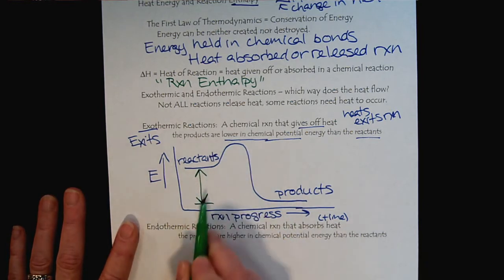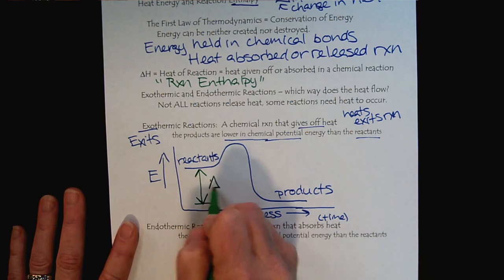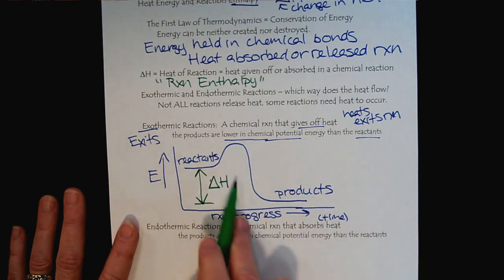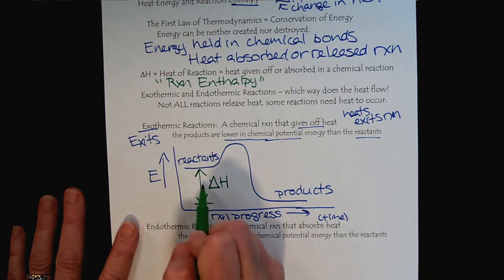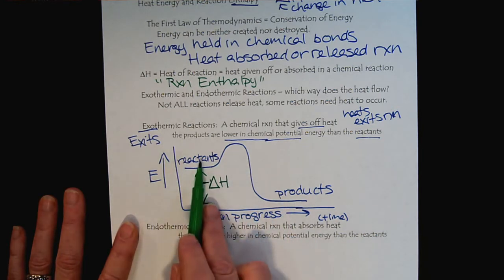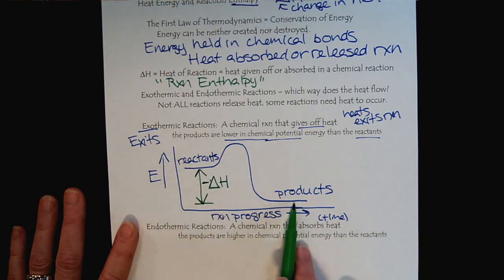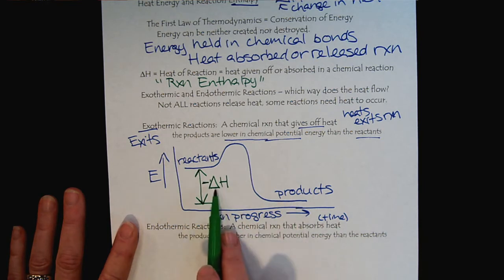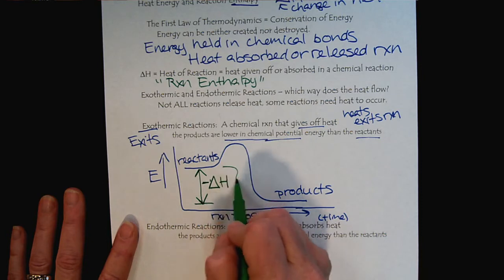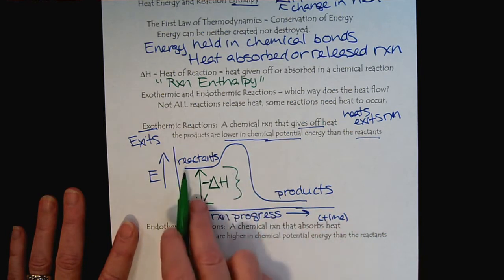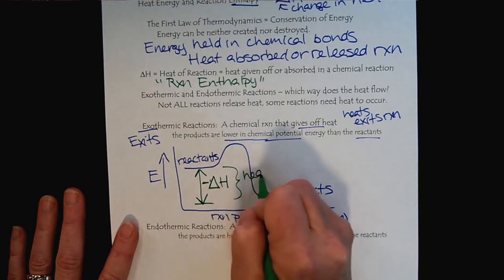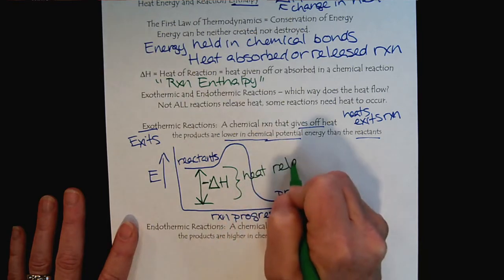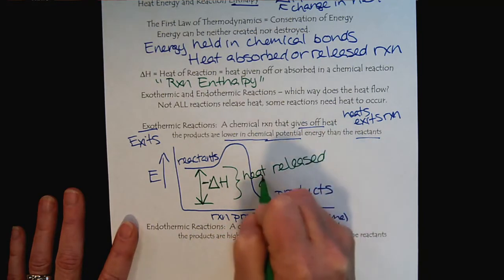So this is representing delta H, and because the final is lower, we would say this is a negative delta H. The energy is going to a lower state. So this represents the heat given off in the reaction. This difference in energy between the reactants and products is the heat released during the reaction.